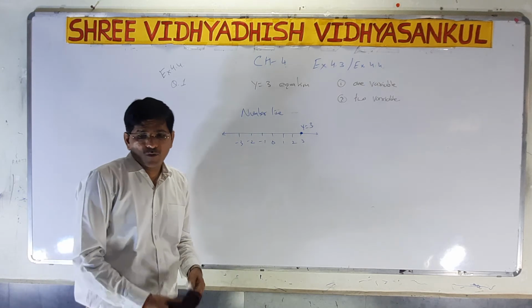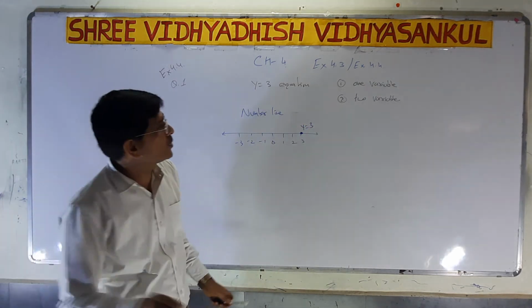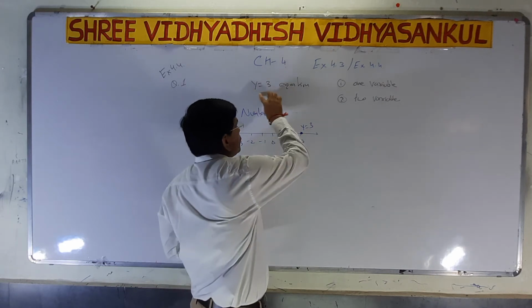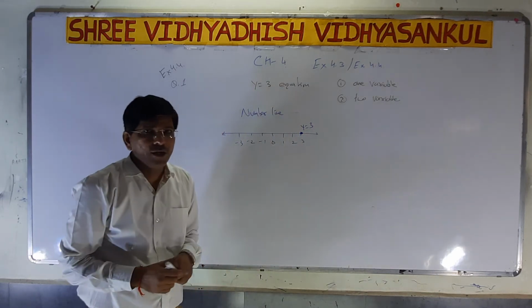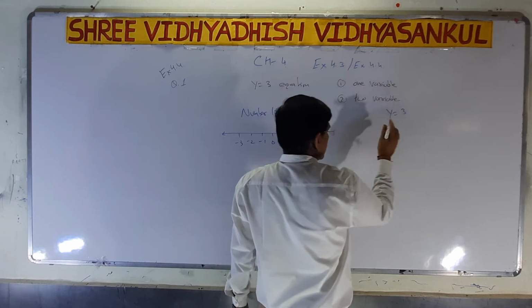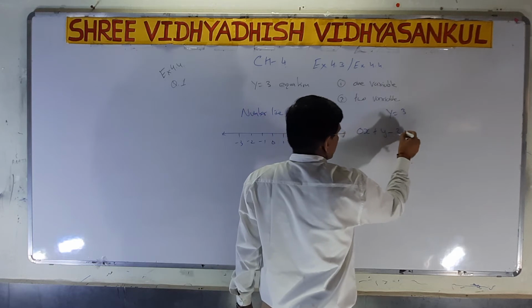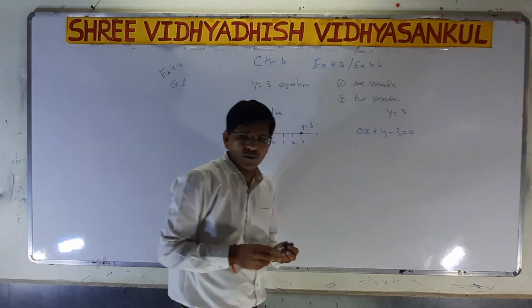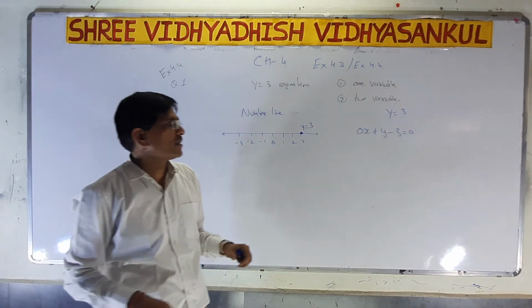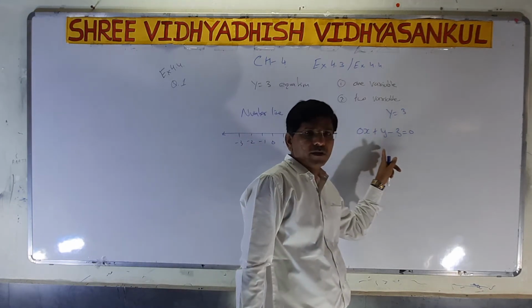But now for two variable, so first, what I have to write is the standard form of it in two variable. So y is equal to 3. Standard form is 0x plus y minus 3 is equal to 0. Now already in last lecture we have seen that it is ax plus by plus c type.